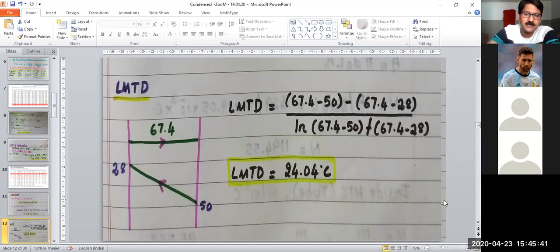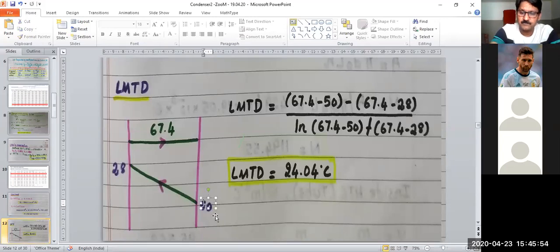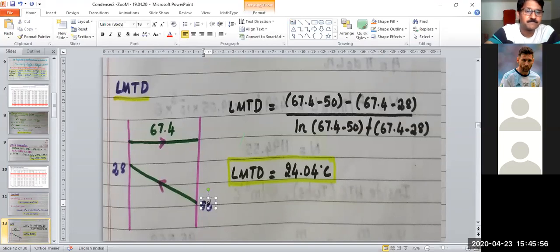So here by mistake, it is 28 here and 50 is here. By mistake I have shown. Okay, this is okay. 28. Here it is 50.